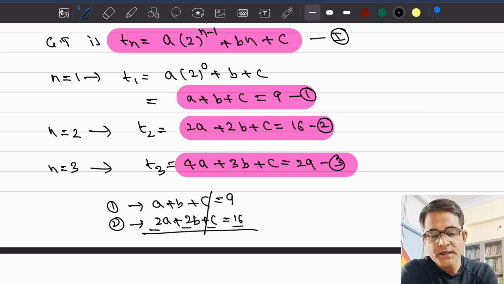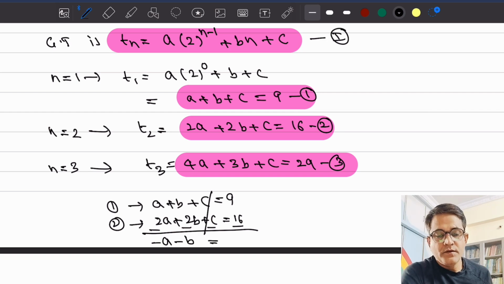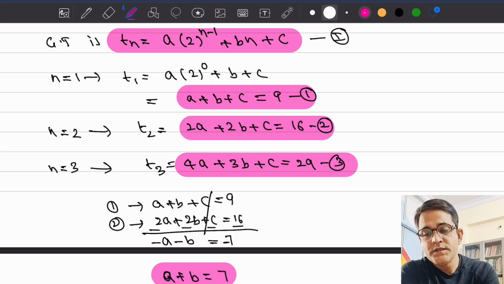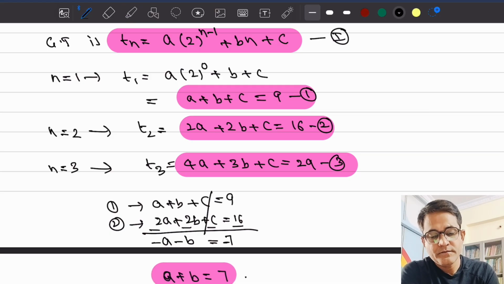This is minus A minus B is equal to minus 7. So that is A plus B is equal to 7. This is the fourth equation.